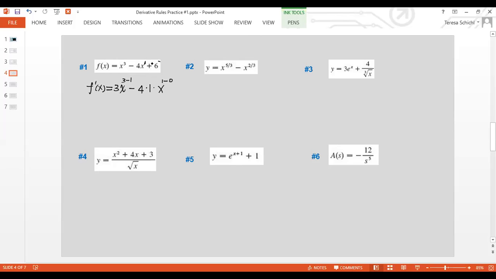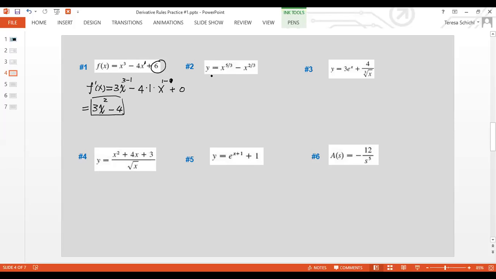What happened to the 6? 6 is a constant, so its derivative is 0. So the final answer is 3 times x squared, and then minus 4, because this is x to the 0 power. That's why the answer here is 3x squared minus 4.